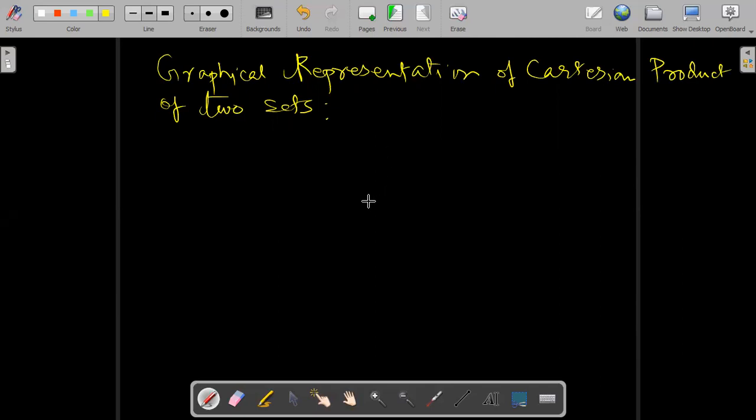In the graph of A cross B, the point is the intersection of the vertical line through A and the horizontal line through B. Suppose we have to represent A cross B. This is just like the Cartesian coordinate system, that's why it is called the Cartesian coordinate system.